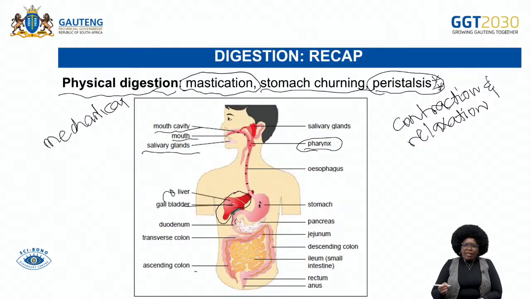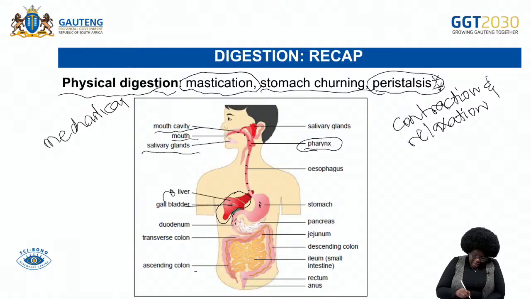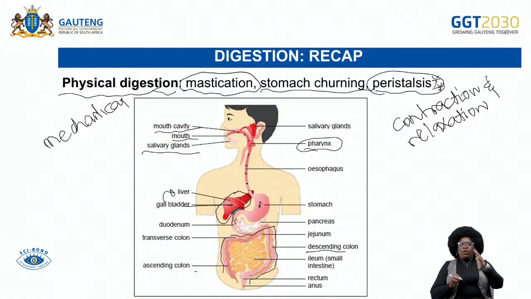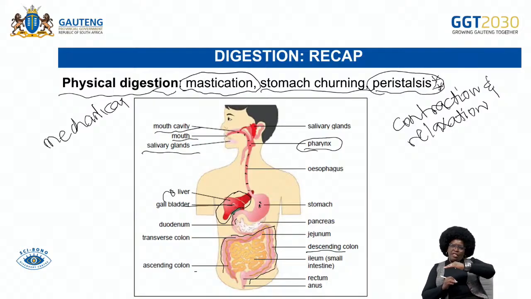Just for you to see the large intestines or the colon, this is the ascending colon, so it's going up. And the transverse is going across, and this continues now going down as the descending colon. Ascending is going up, transverse is going this way, and descending is going down.